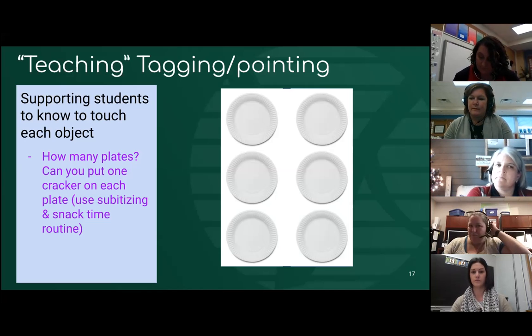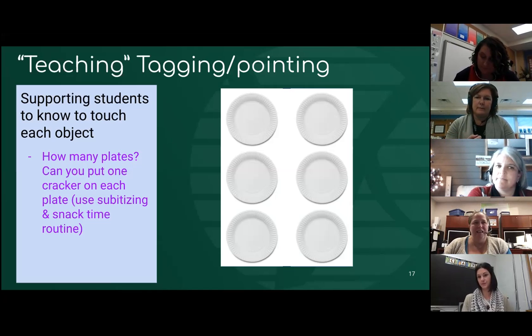The reason I was fumbling when we were looking at this slide earlier is that if I ask them how many plates there are, and they count them, 1, 2, 3, 4, 5, 6, and they use their finger, then you would see tagging. But if I ask them, if I'm going to put 1 cracker on each of those plates, how many crackers would you need?